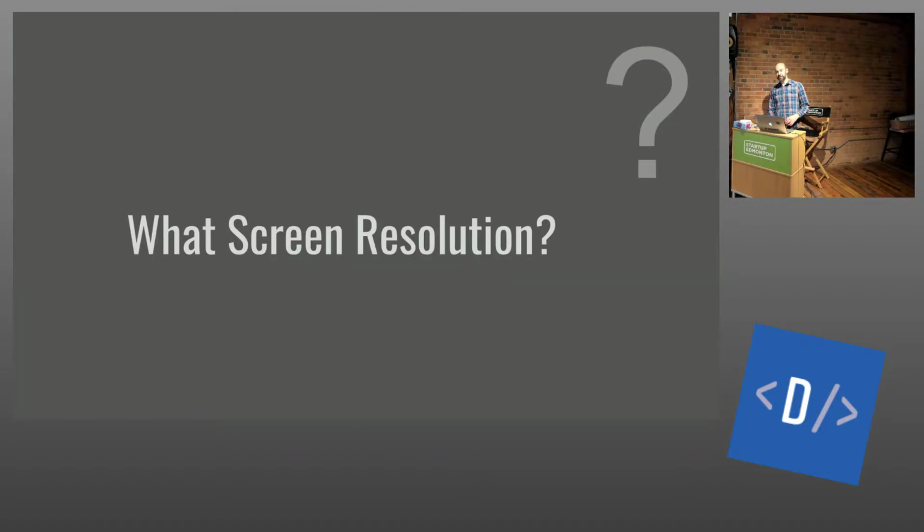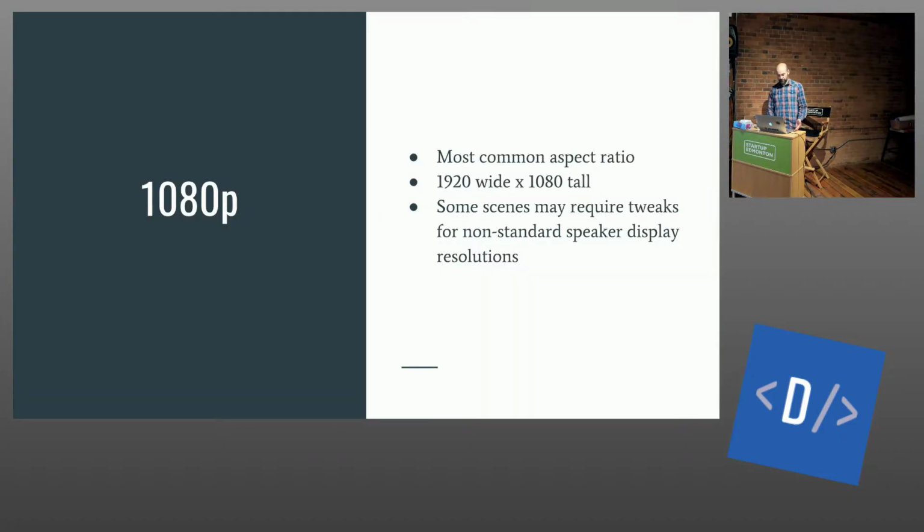And the final thing is what screen resolution to use. Depending on your content and your recording equipment and things like that, you might not be able to record at 1080p, or you might want to record at 4K, which is higher than 1080p. We've settled on 1080p as a good in-between. It's going to give you clear enough pictures for showing source code and things like that in your examples, and letting people see what's on your screen if you're working in an IDE.